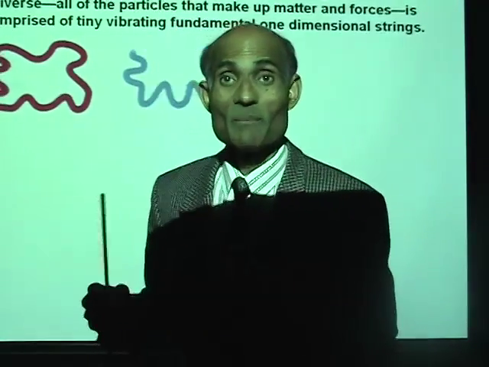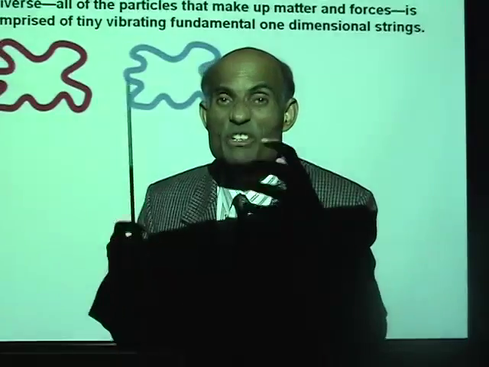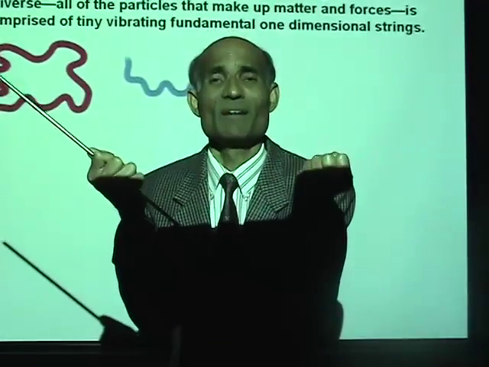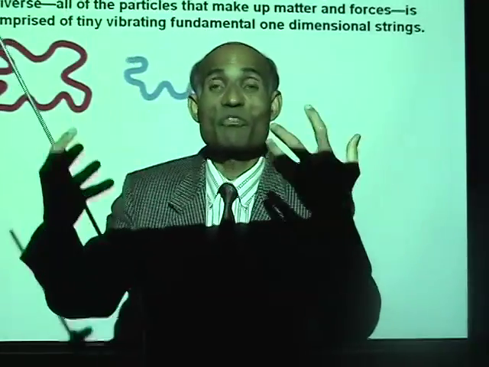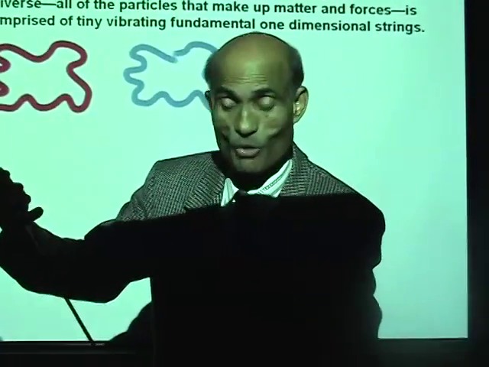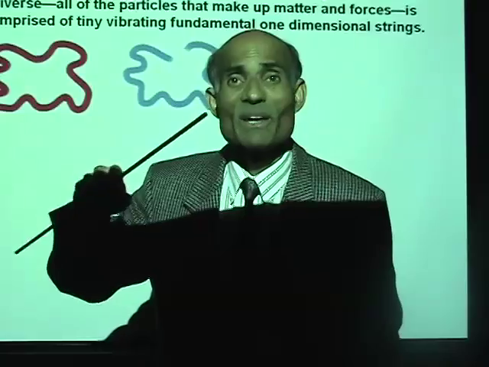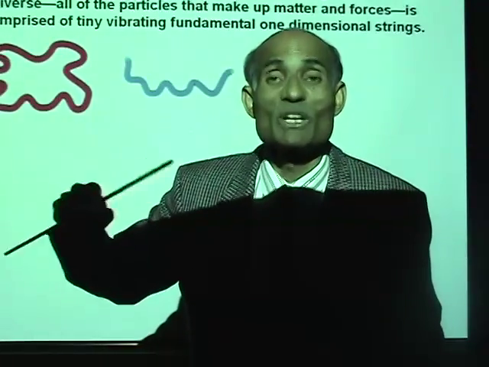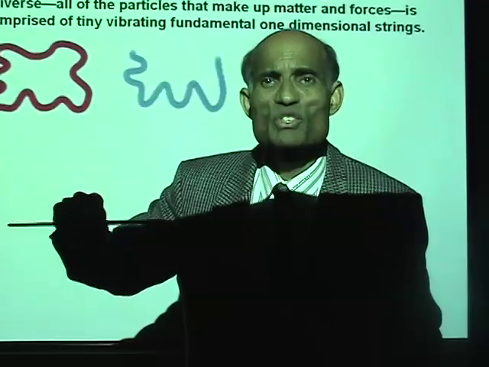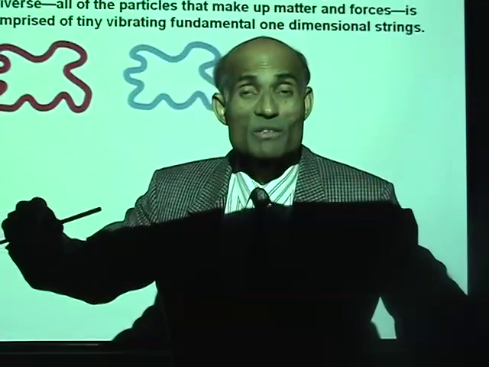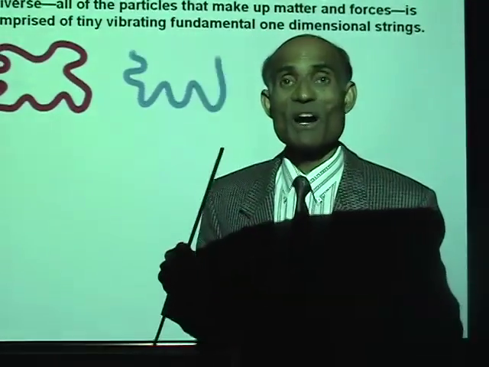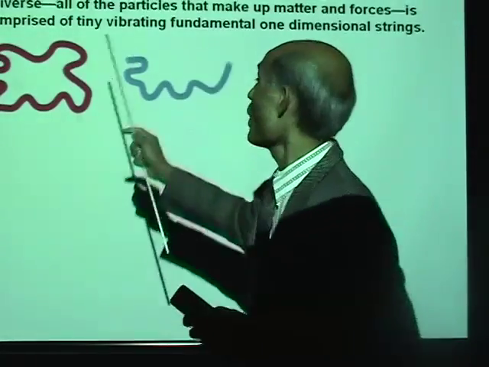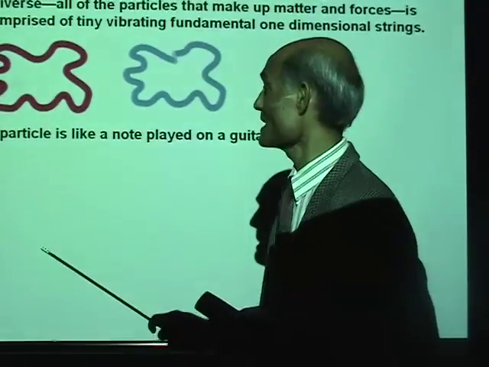In fact, these tiny vibrating strings are actually strings of energy. They can vibrate in varying modes, and each fundamental particle that we have been talking about, electrons, protons, photons, all these particles are different modes of vibration of these fundamental strings.